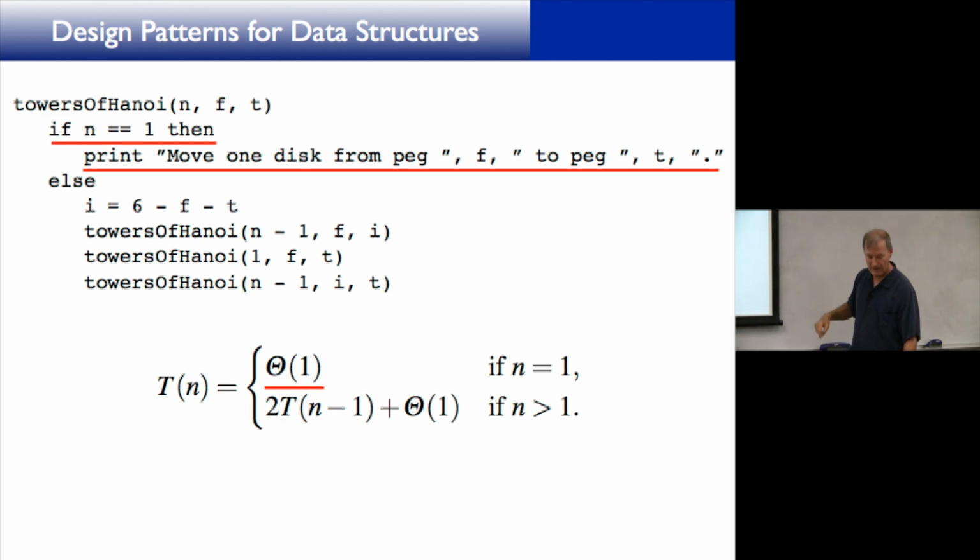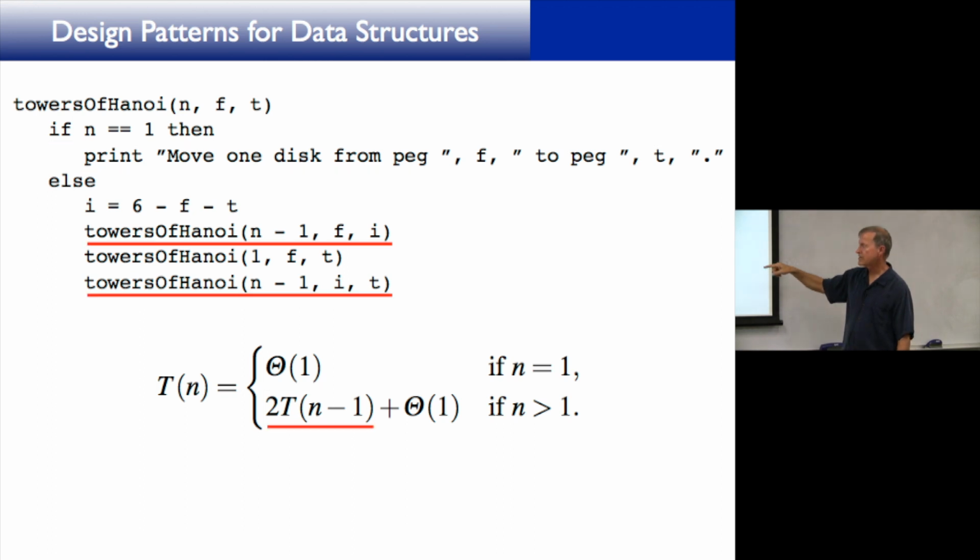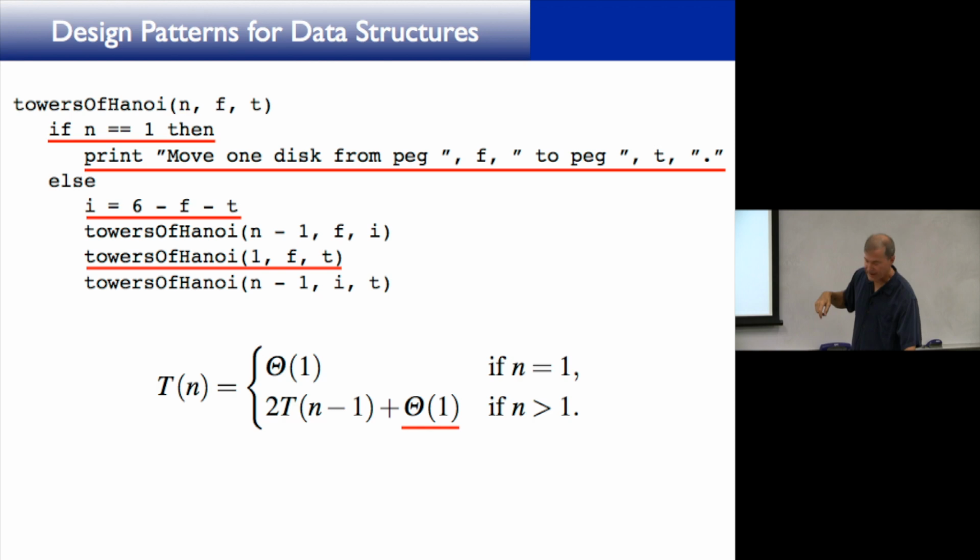And the 2T of n minus 1 is actually T of n minus 1 plus T of n minus 1. But a plus a is 2a. Are we good? So all that other stuff is wrapped up into this big theta of 1. It's some constant.